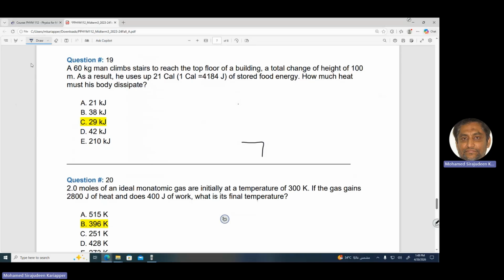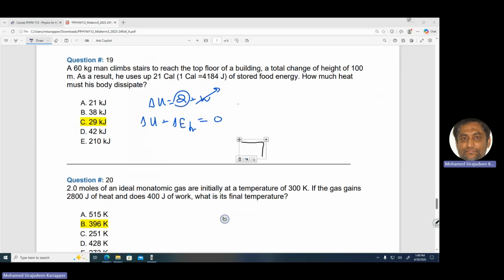You will probably see this formula in your formula sheet: delta U is equal to this, but you say that there is no W, and the Q is taken as 0 change in the thermal energy.